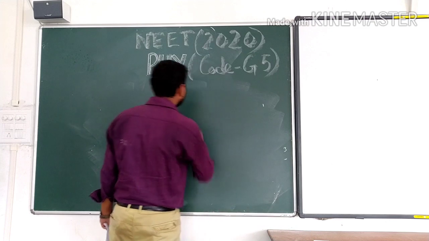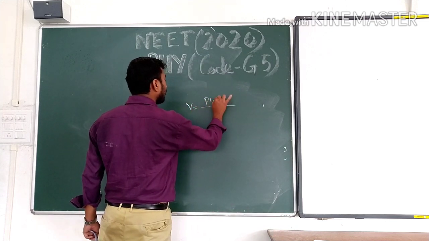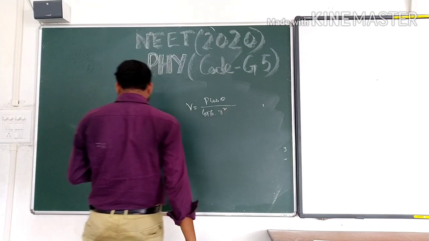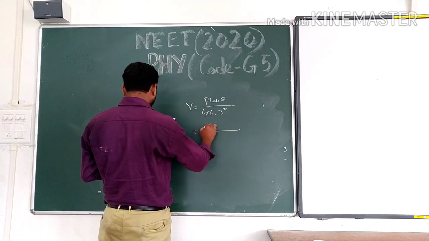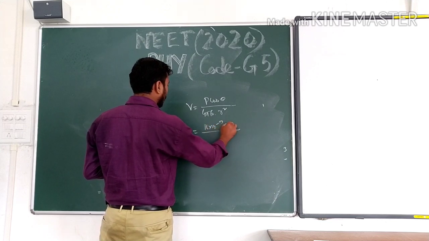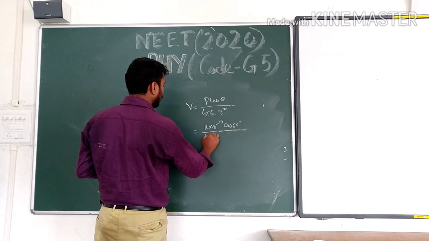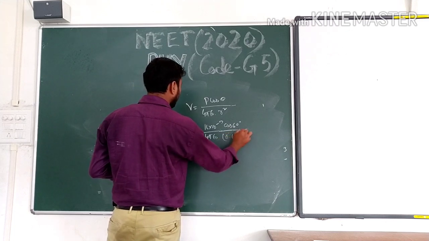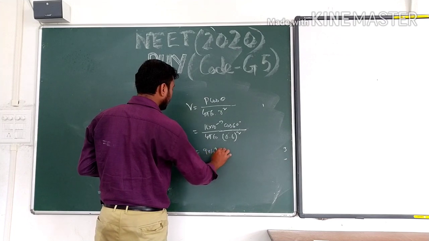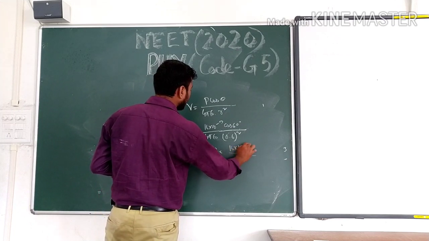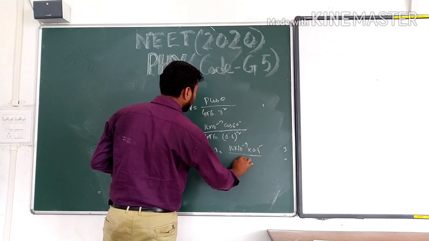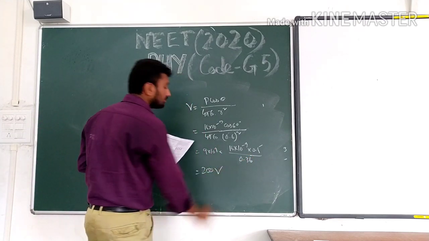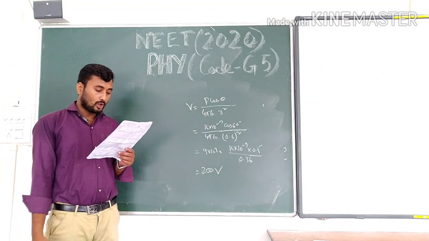Potential due to a dipole equals P cos theta by 4 pi epsilon naught r square. Here P is given as 16 into 10 to the power minus 9, cos 60, and r is given as 0.6. So 1 by 4 pi epsilon naught is 9 into 10 to the power 9, into 16 into 10 to the power minus 9, into cos 60 which means 0.5, divided by 0.6 square. So it will be 200 volt. Option 1 is correct.